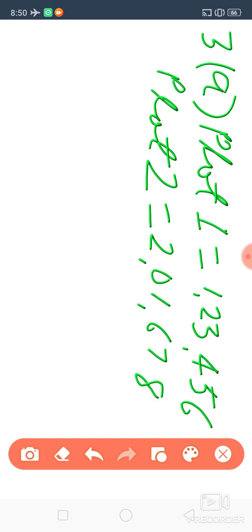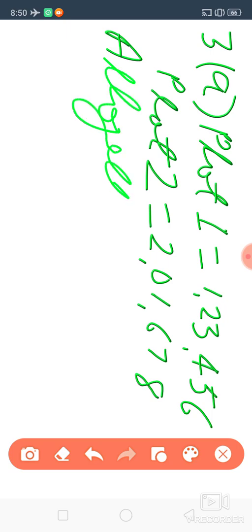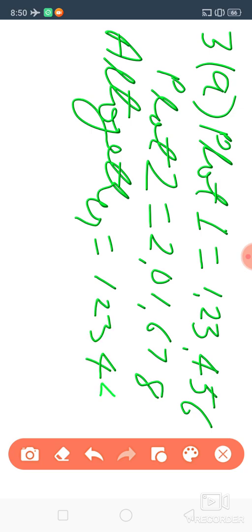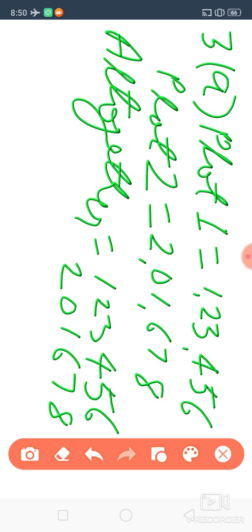Now altogether how much is she spending? We have to add both of these. So 1, 2, 3, 4, 5, 6, and you add this one, 2, 0, 1, 6, 7, 8. Just add it, then you will get the total amount.